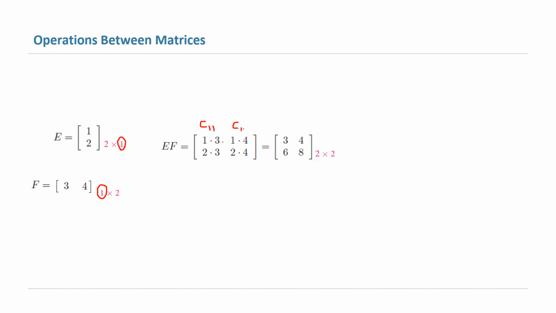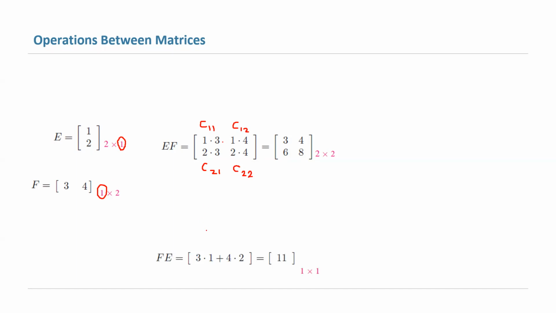You're doing the same thing, you're just following the definition. Then you're going to take 2 and multiply by 3 to form C sub 2,1. And then finally, you're going to take 2 and multiply by 4 to form C sub 2,2. The outcome is a 2 by 2 matrix, as you can see.